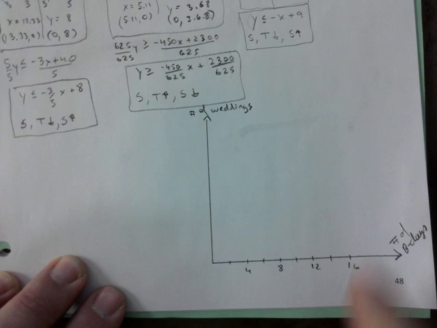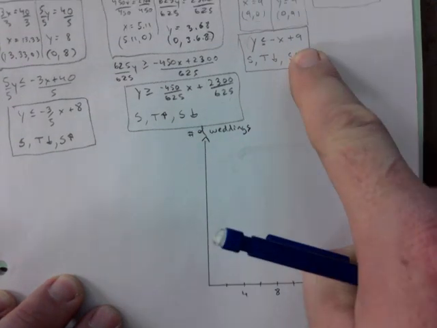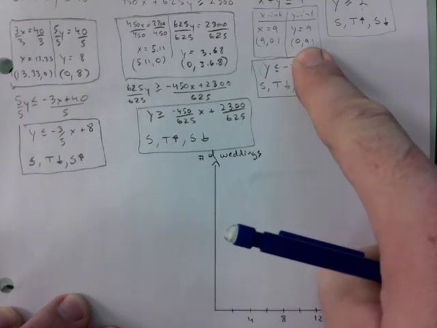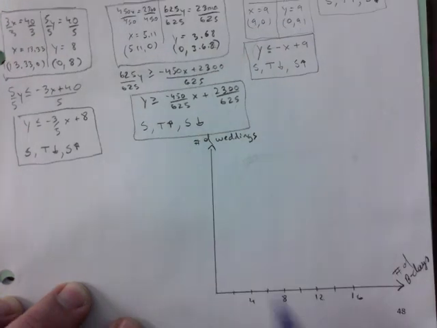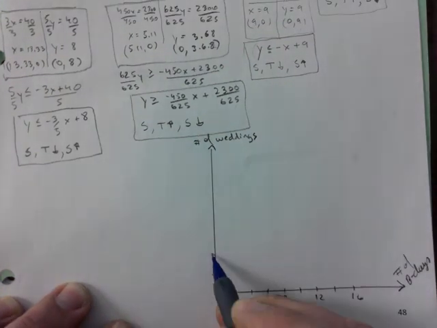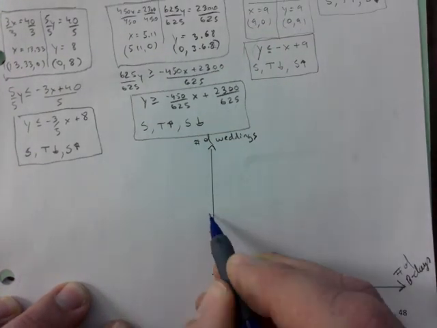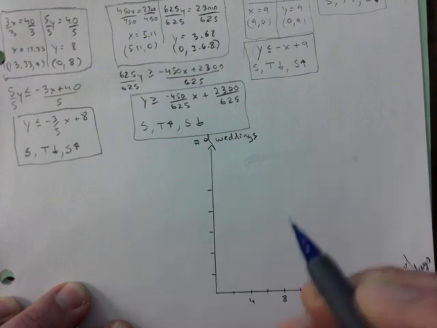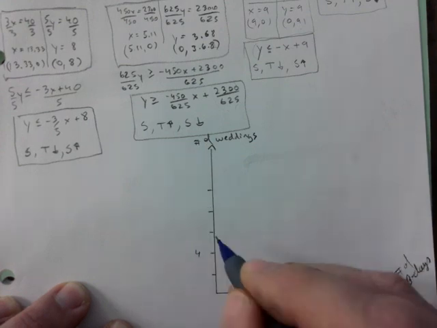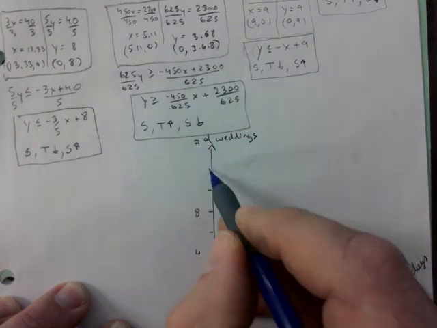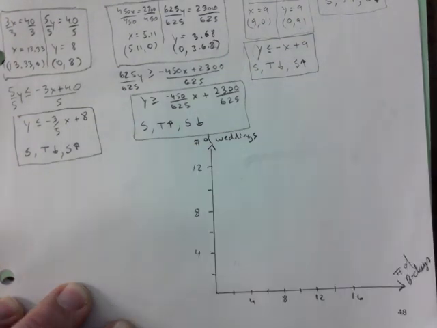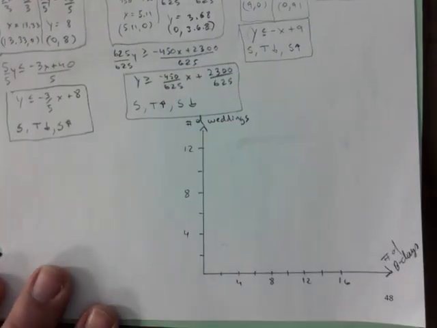And then going up the y, I'm going all the way up to 9. My largest y-intercept is 9, so if I go to 10, I'm fine there. So 2, 4, 6, 8, 10. It's a good scale. Again, you decide, as long as it's consistent.